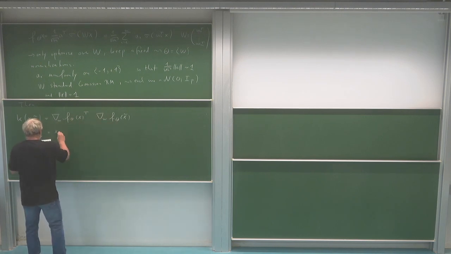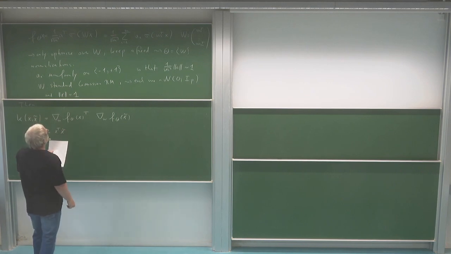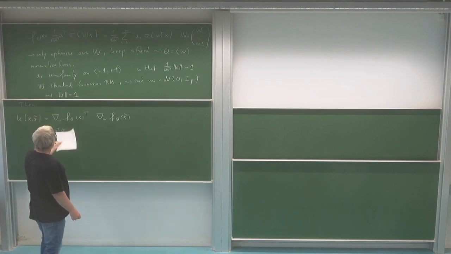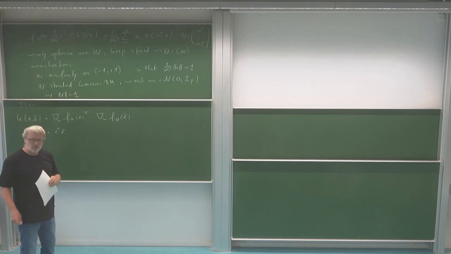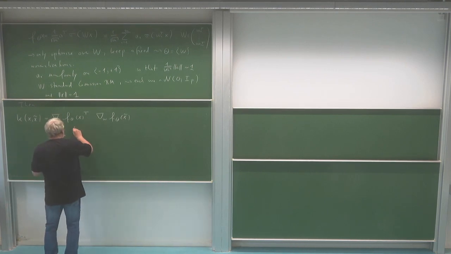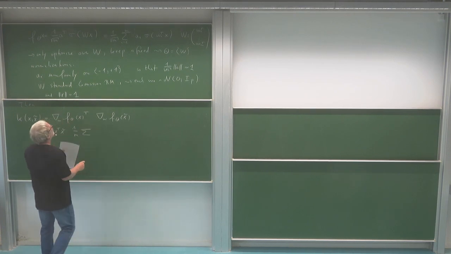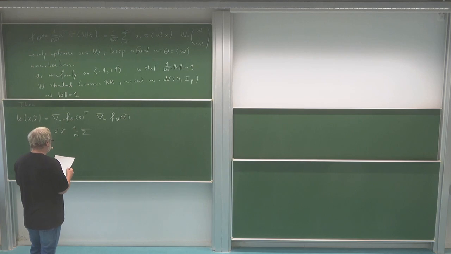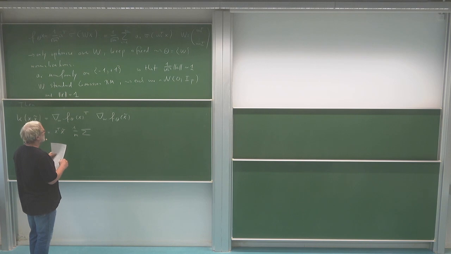So I have x transpose times x twiddle. Okay, and then I have the 1 over square root of m for each of the functions, so I get altogether a 1 over m. And then I have the sum of the gradient.